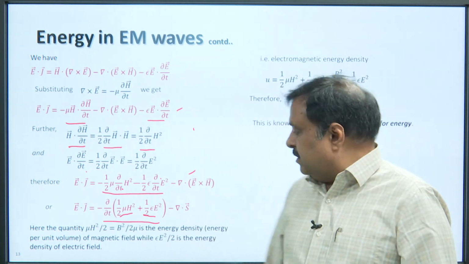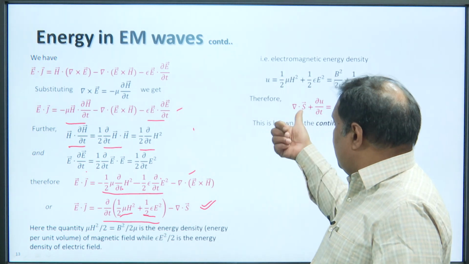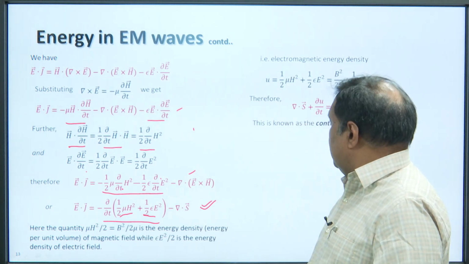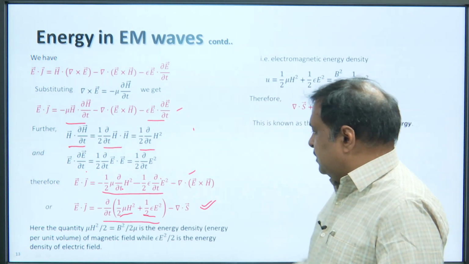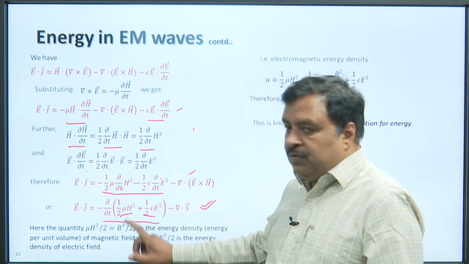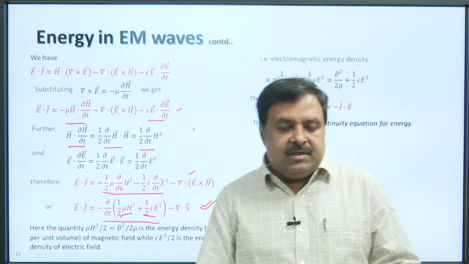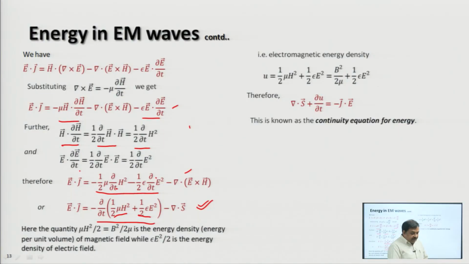Therefore, this equation becomes del dot S plus delta U by delta t. This bracket is written as small u, which is the total electromagnetic energy in the electromagnetic wave.